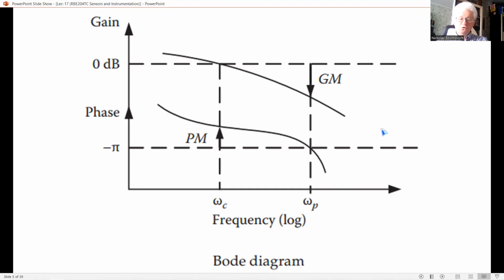Now, in view of the negative feedback, the feedback signal undergoes a further phase lag of pi, and hence the total phase lag in the loop equals psi plus pi, where the phase lag of G times H equals psi1 plus psi2, which equals simply psi.